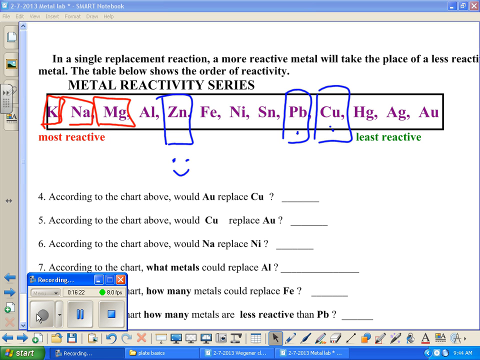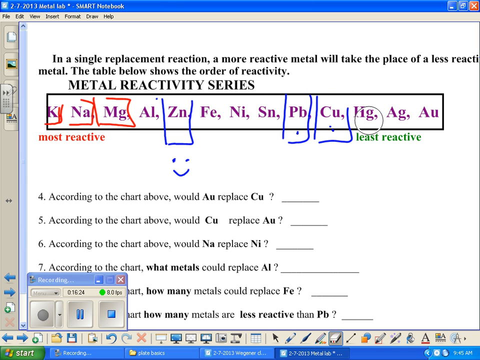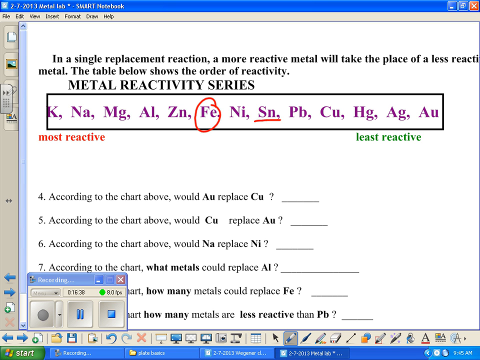Would I be on the left side of this chart, or would she be more to the left in this chart? Yeah, okay. So, could Fe displace Sn? Yeah. Because it's more reactive. Could Sn displace Fe? Nope. It's a little bit on the wimpier side.